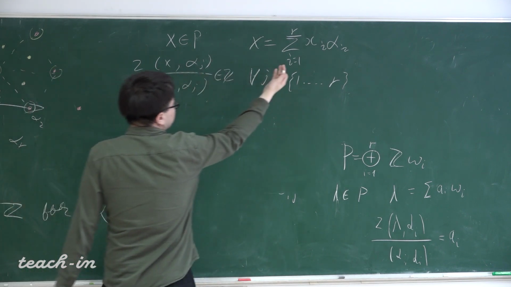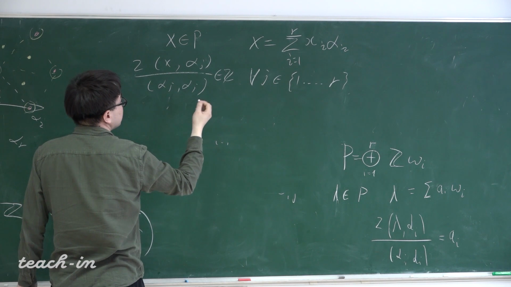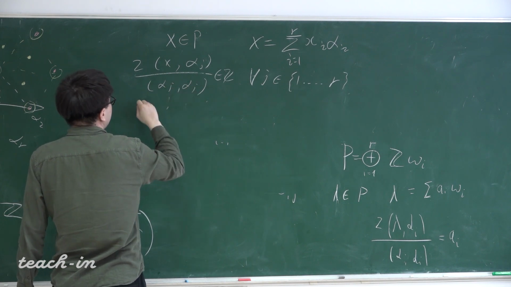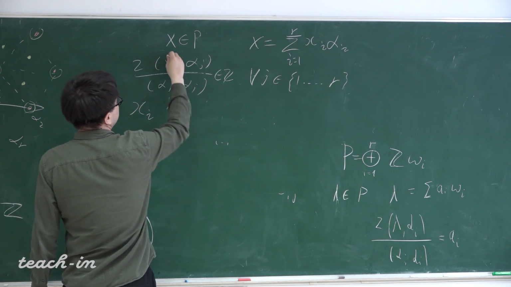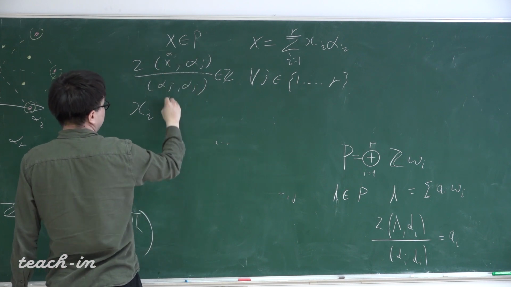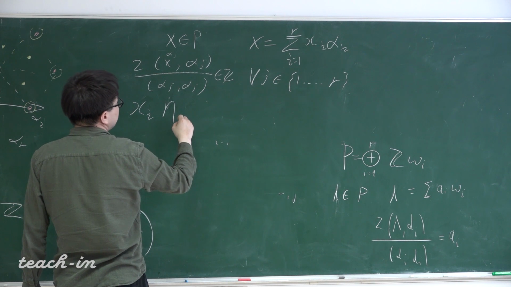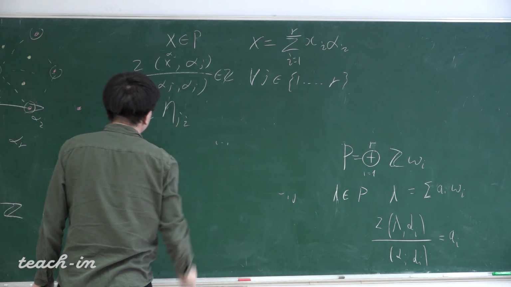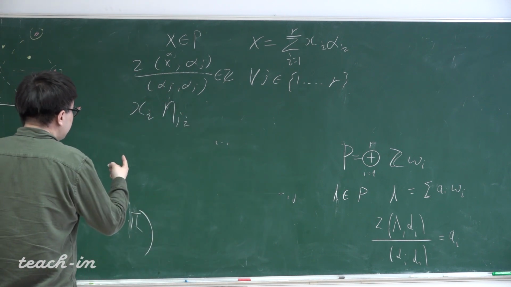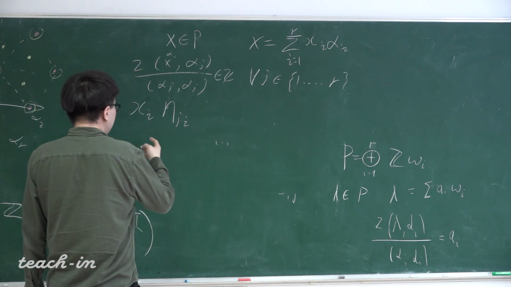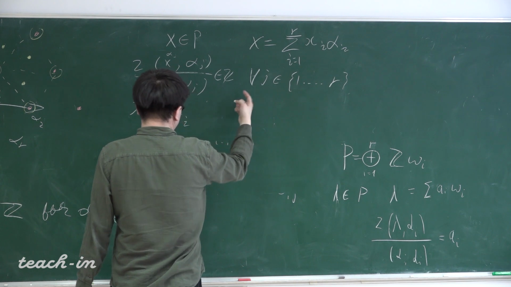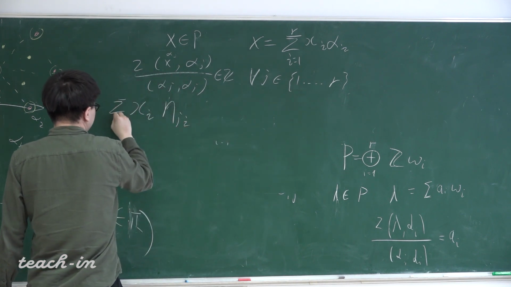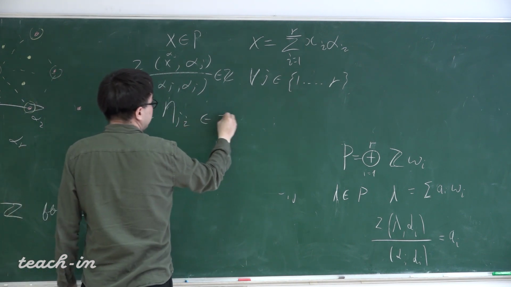And then to use this formula, if we change this to alpha_i, then we get x_i times the pairing, and we need this sum to be some integer.